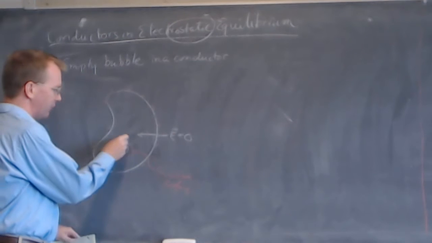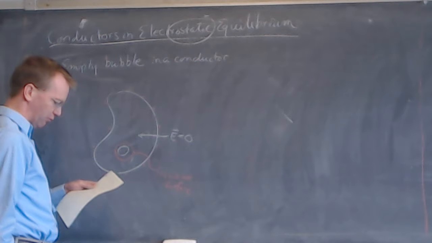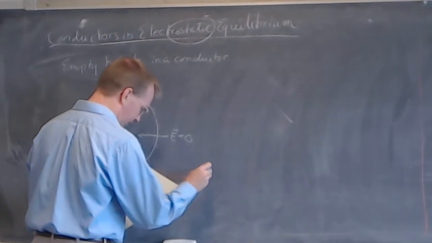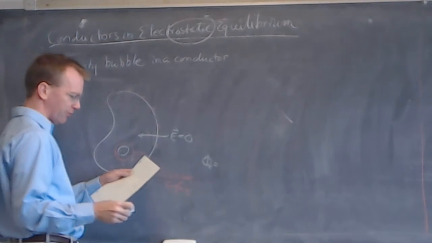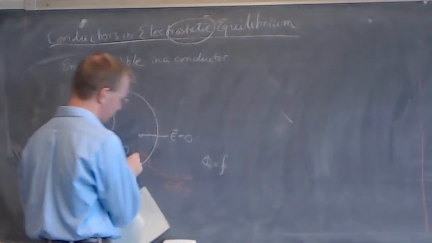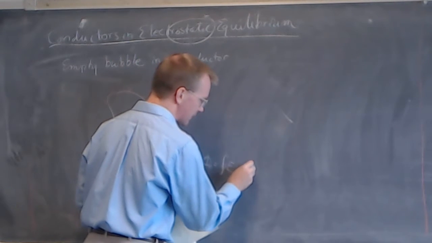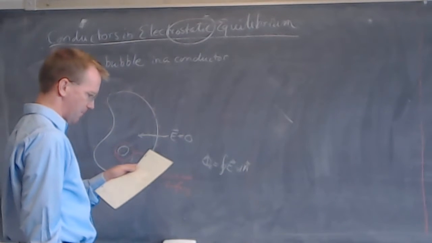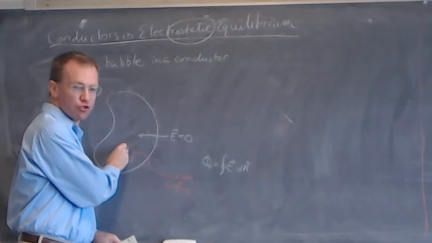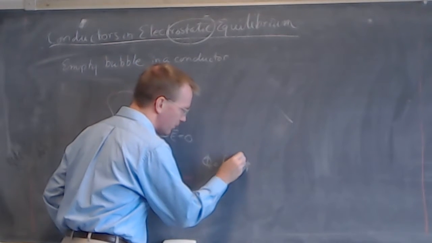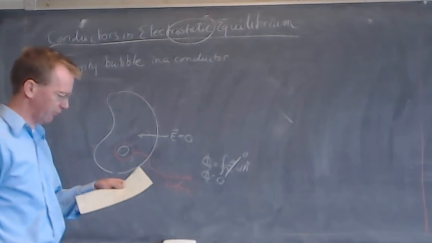Now let's put a Gaussian surface surrounding the bubble and a bit of the conducting material. And we know that the flux through that Gaussian surface is going to be the surface integral of E dot dA. Now, if the electric field is zero everywhere here, and we know we have no charge inside the bubble, then the whole thing is zero. Flux is equal to zero.